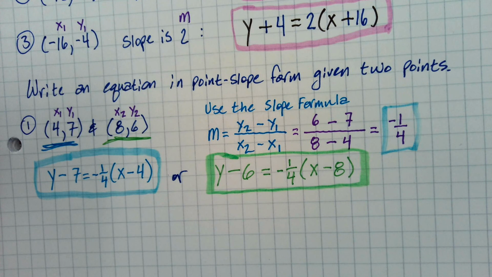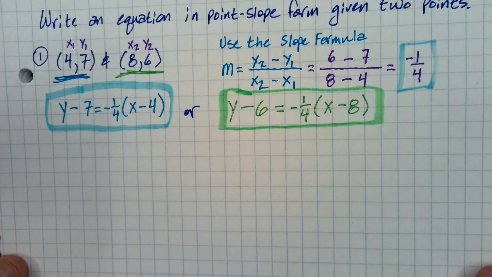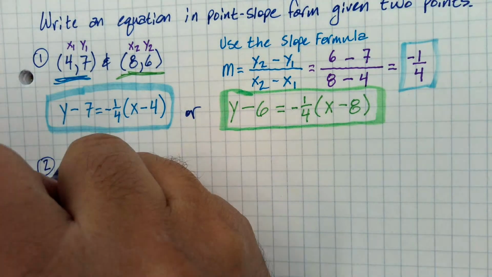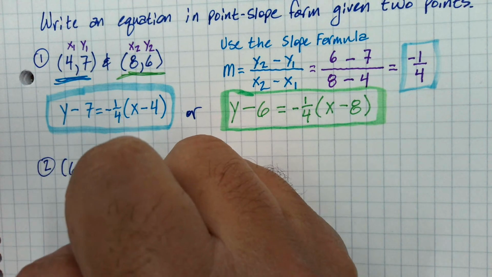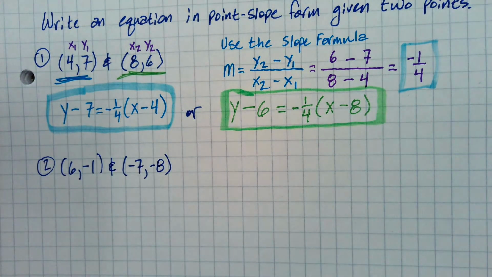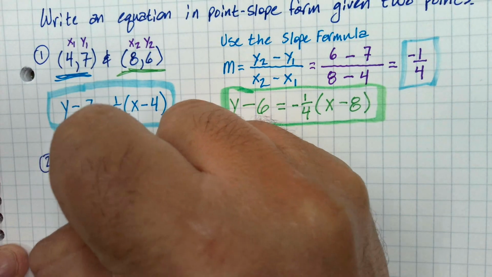So we're going to do 2 more. Example number 2, they want us to use these points: 6, negative 1, and negative 7, negative 8. So let's see here. x1, y1, x2, y2.